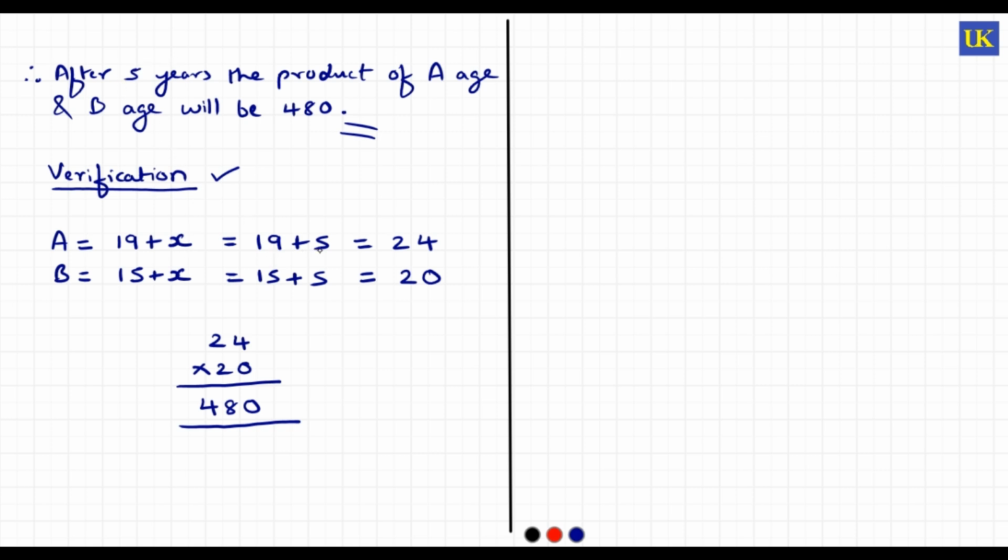So 19 plus 5 gives 24, and 15 plus 5 gives 20. So A's age after 5 years is 24 and B's age after 5 years is 20. And if we multiply 24 into 20, we get 480. So this shows that our answer is correct, and we have verified it and also understood it. Okay, all right.